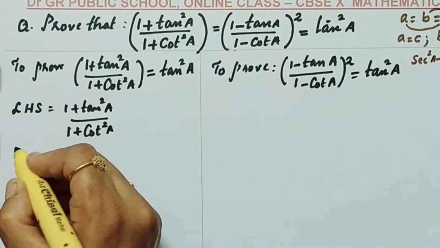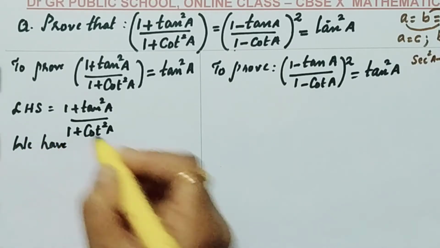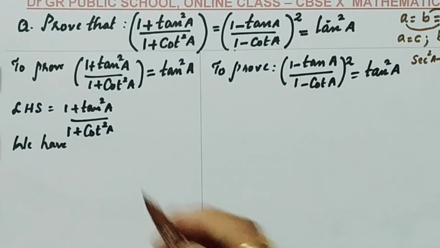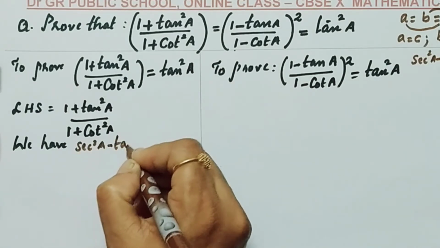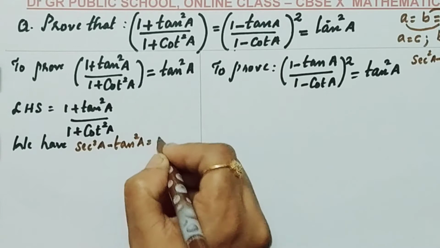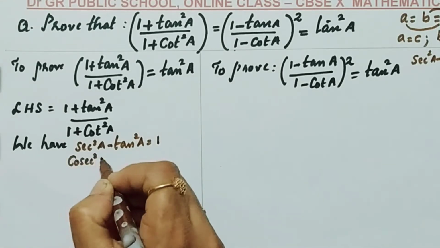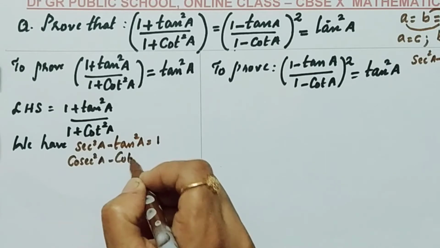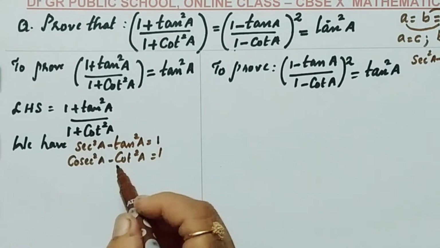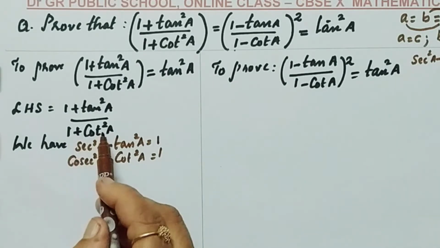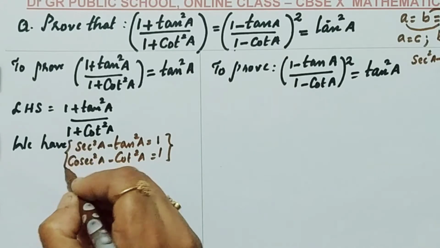Now, the formulas known to you here are sec square A minus tan square A equals 1, and in the same way, cosec square A minus cot square A equals 1. These are the two square relations that give the identities 1 plus tan square A and 1 plus cot square A. I am going to apply these two results.